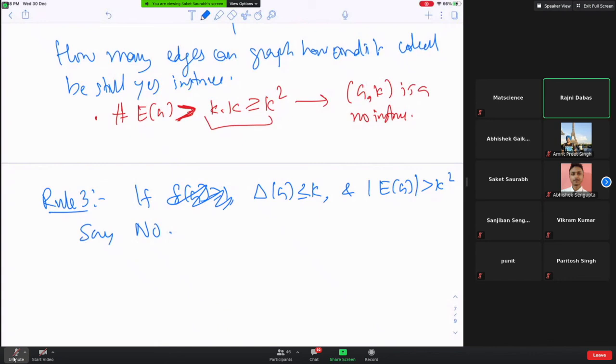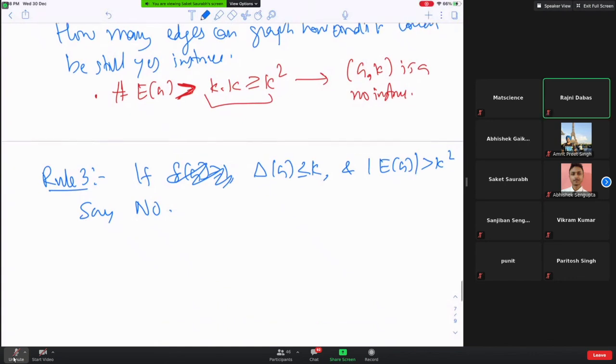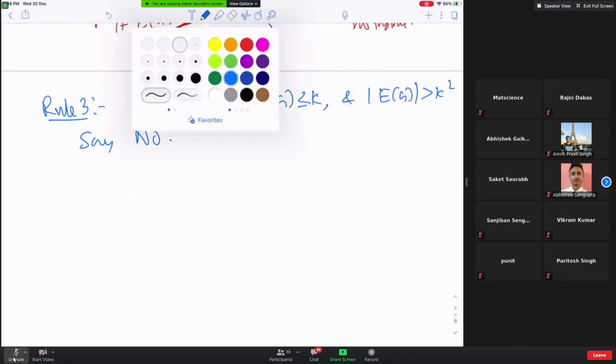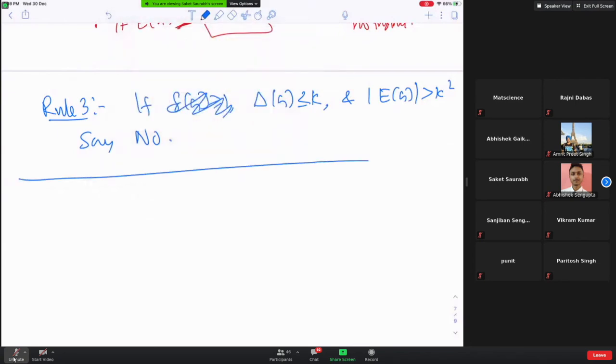So what are we able to conclude from here? We are able to conclude two things from this algorithm.